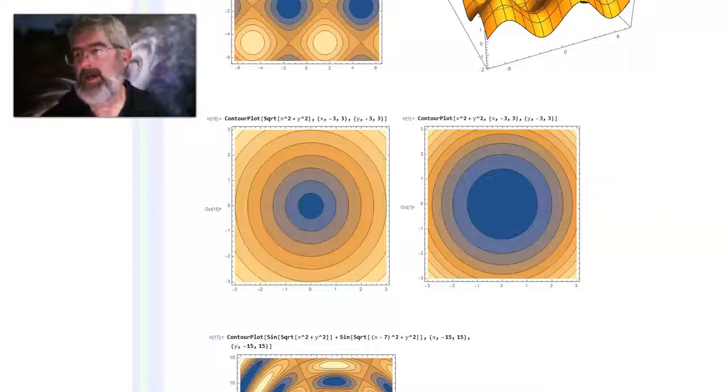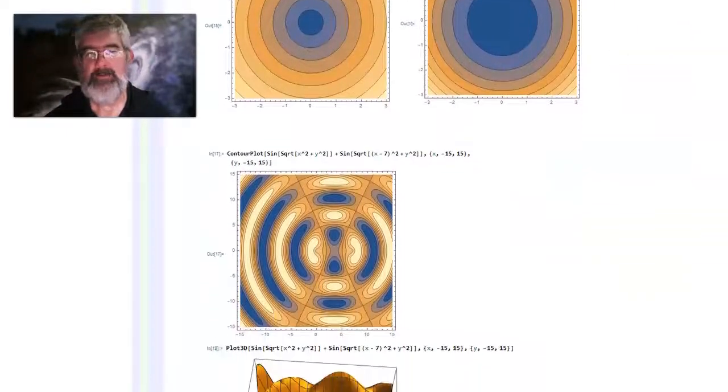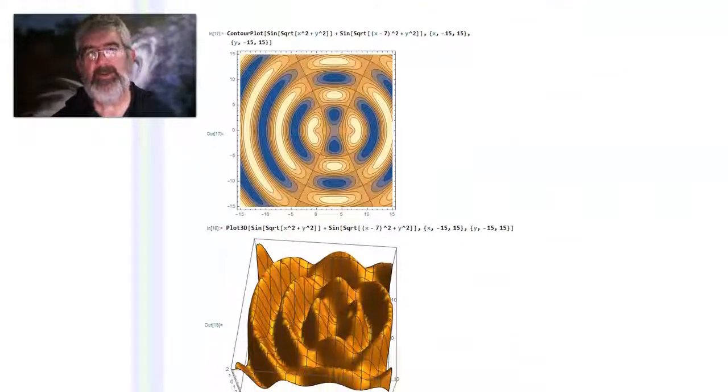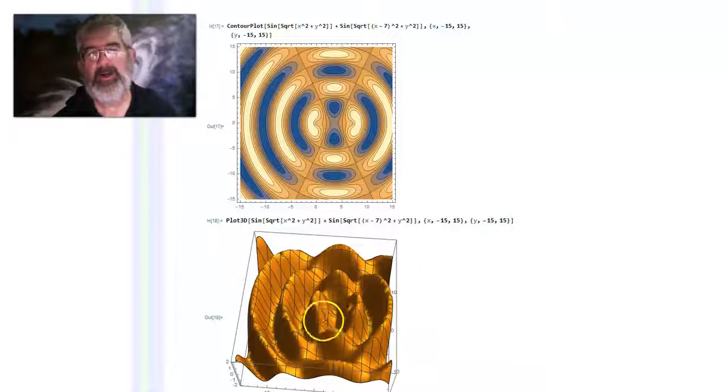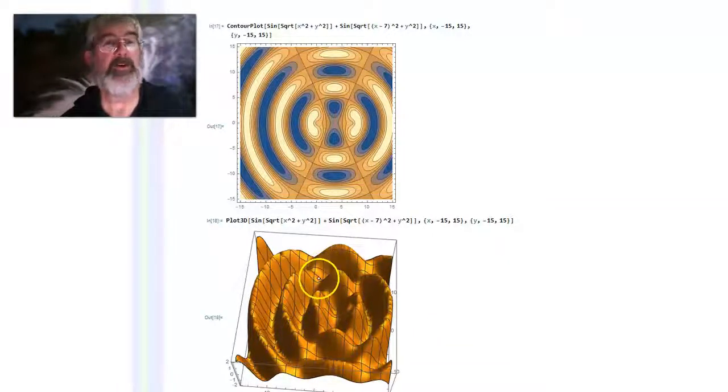Last one here, just because it was kind of fun on one of my previous videos where we're just looking at graphs, we came up with this thing of ripples in a pond, but two different ones doing interference pattern. So this is the surface, where this right here is the contour plot.